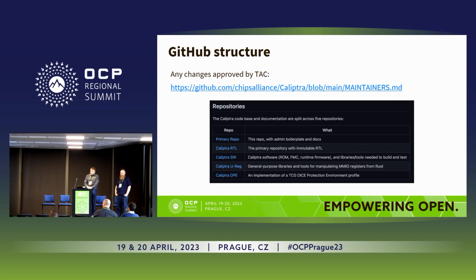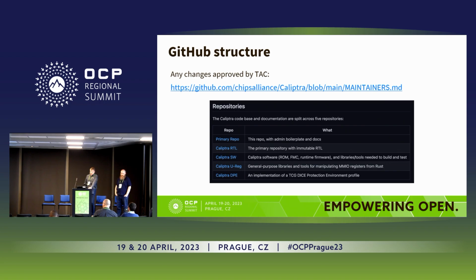Okay, so we also have a technical advisory board that is maintaining the changes into all the Caliptra repositories. Any new updates, any changes to either hardware or software have to go through a review process and have to be approved by the TAC members.